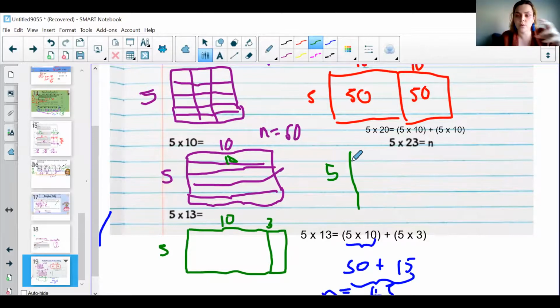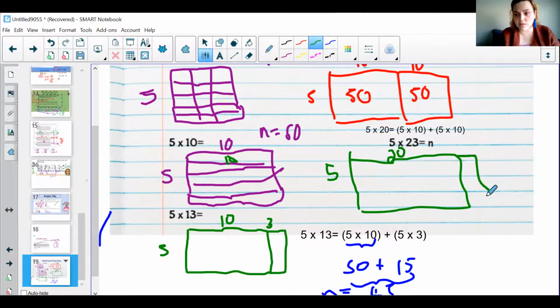So we're going to decompose it. I'm going to decompose that 23 into a 20, because now we know 5 times 20 is 100, and then a 3 to make it easy for myself. I apologize, my rectangles look ugly. So 5 times 20, we already know that's 100, and 5 times 3 gives us 15.